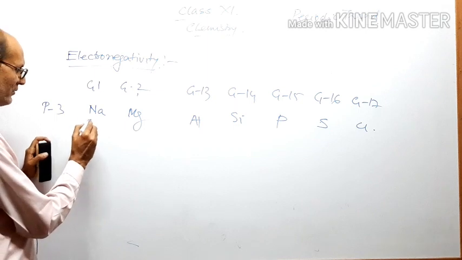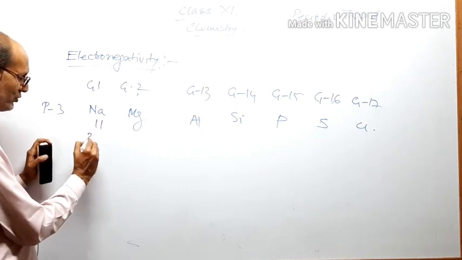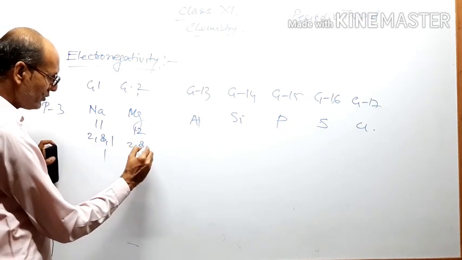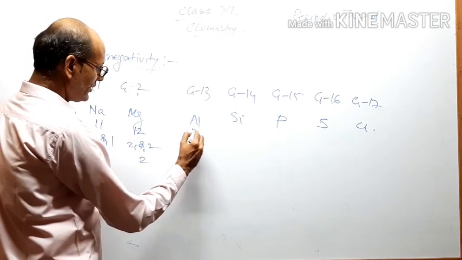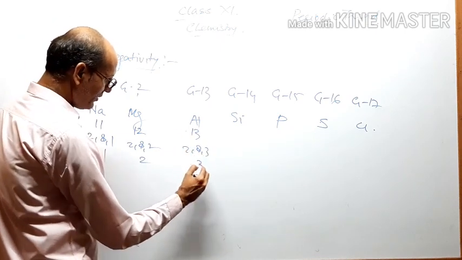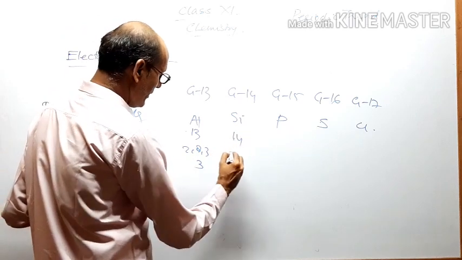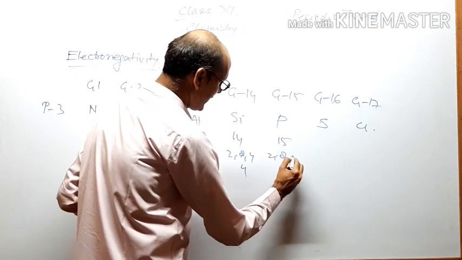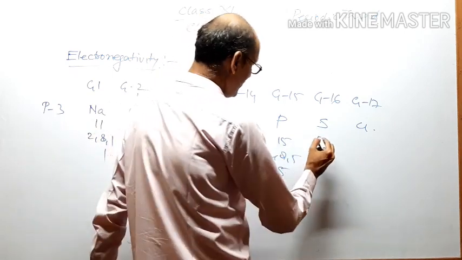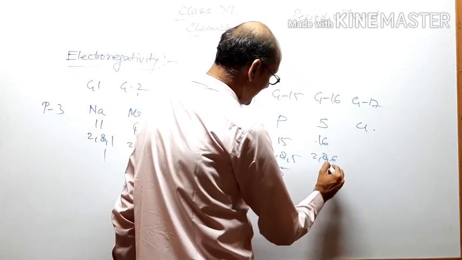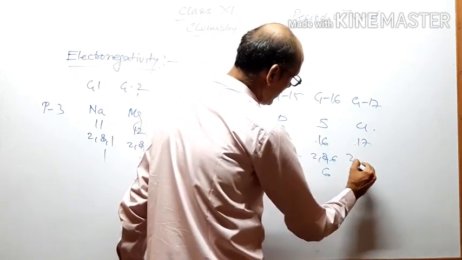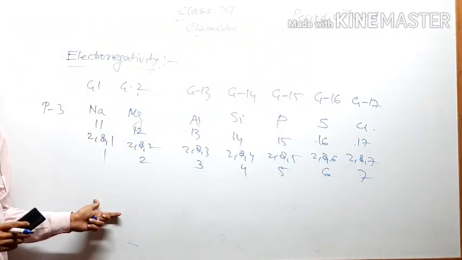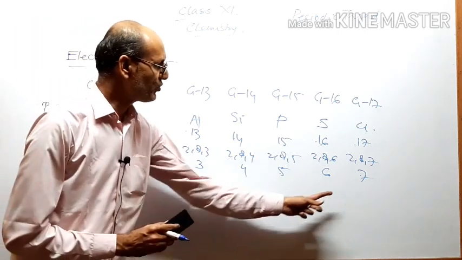And here, in writing the electronic configuration, Na 11 is 2, 8, 1, one valence electron; magnesium 12 is 2, 8, 2, two valence electrons; aluminium 13 is 2, 8, 3, three valence electrons; silicon 14 is 2, 8, 4, four valence electrons; phosphorus 15 is 2, 8, 5, that means 5; sulfur 16 is 2, 8, 6, that is 6; and chlorine 17 is 2, 8, 7, that is 7. So what you are seeing, valence electrons increase, and the size of the atom from left to right decreases.